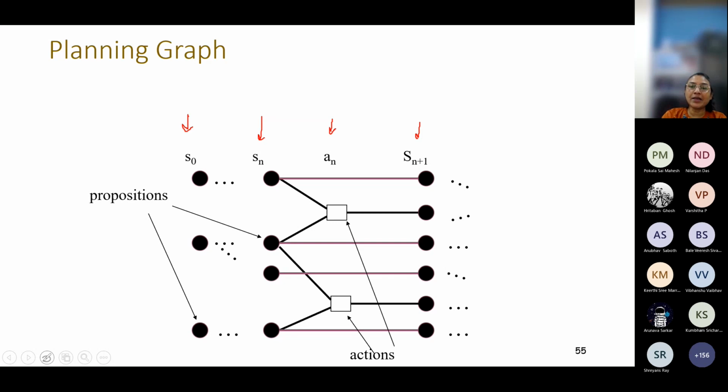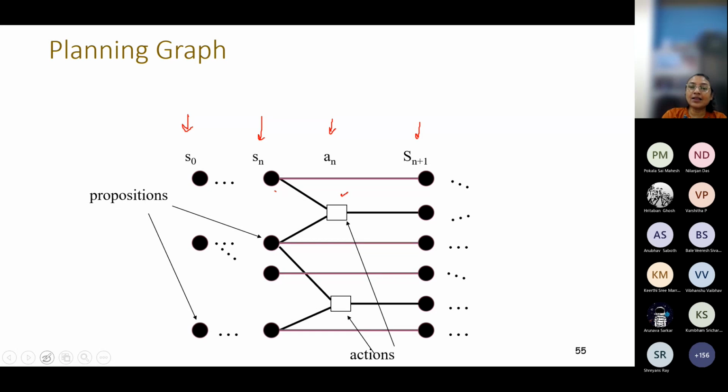Now, how do we go from Sn to Sn plus 1? All propositions in Sn are carried over to Sn plus 1 through the no operation link, or maintenance link. Each proposition in Sn is also present in Sn plus 1.